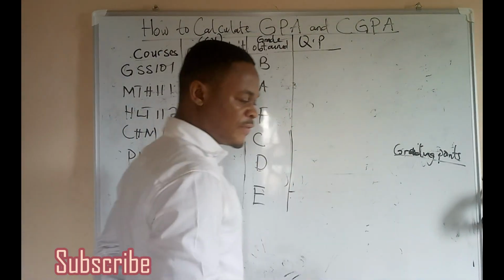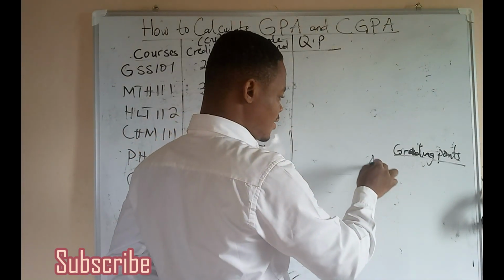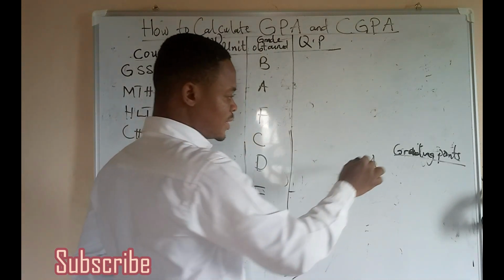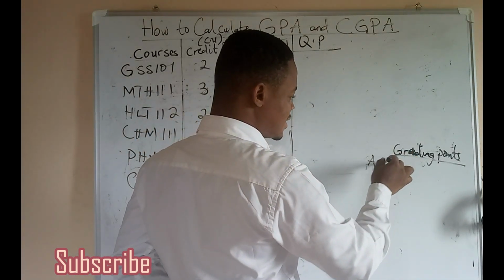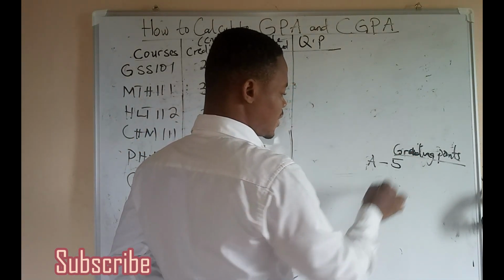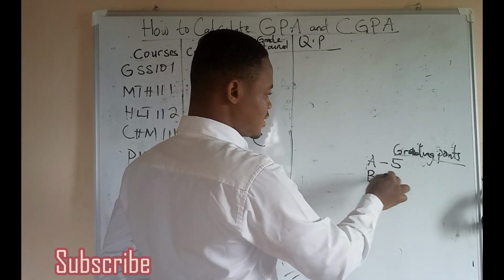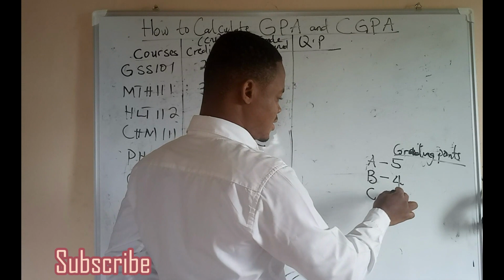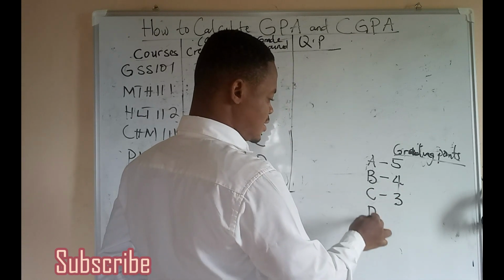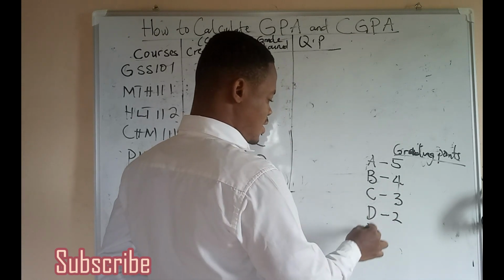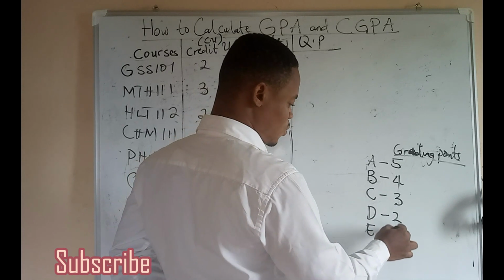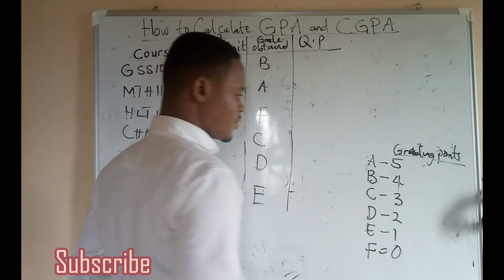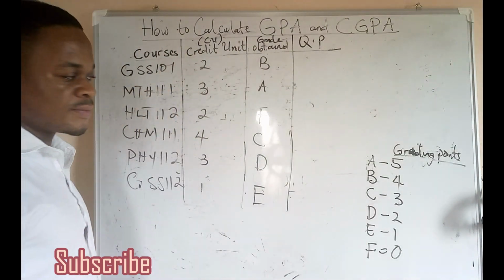For Nigerian universities, anybody that got A on a course, the grading point is 5. If you get B, the grading point is 4, C is 3, D is 2, E is 1, and F, if you fail the course, you have 0 as the grading point.